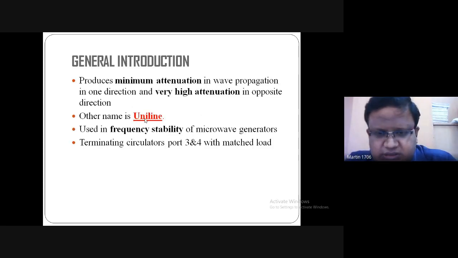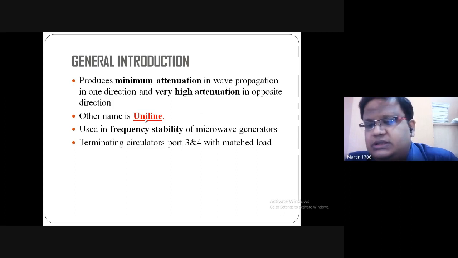I already told you it is a uniline. It provides minimum attenuation in the forward direction and very high attenuation in the opposite direction, which means that in the opposite direction the noisy signal will not be allowed into the system. So this system is used for frequency stability. We can tell it is a frequency stable device also.